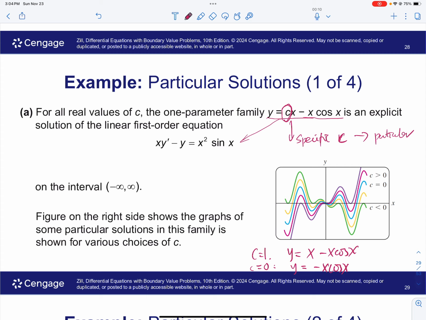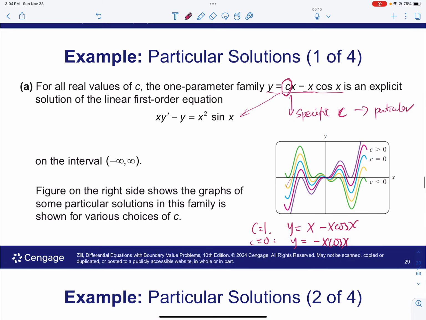Are you guys with me? So that will be called a particular solution. If you draw the picture, you can draw different pictures with different values. So what happens if we find the C, and we can determine which particular solution we want? How could we find the C? That will involve what? The next thing that we want to learn is called initial values.